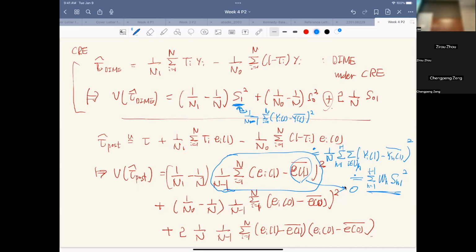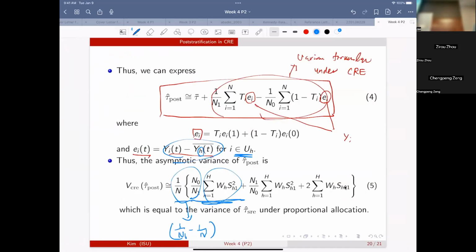And then because this is the within-subscale sum divided by n, this one is actually s squared. This can be written as a weighted average of the within variances, right? So that basically proves the first part.